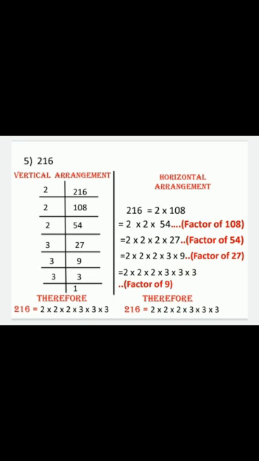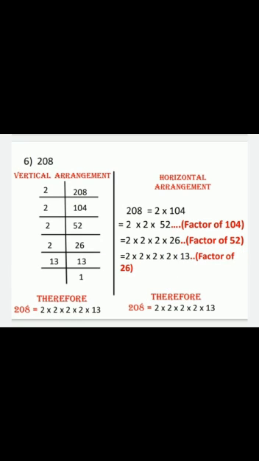So you will write 2 into 2 into 2 into 3 into 9. Then the factors of 9 is 3 into 3. So you write 2 into 2 into 2 into 3 into 3 into 3. So the prime factors of 216 is 2 into 2 into 2 into 3 into 3 into 3.